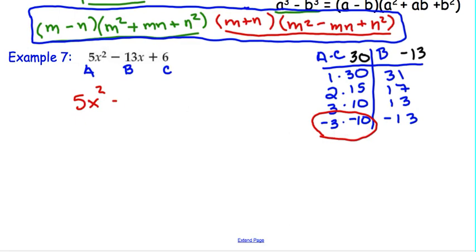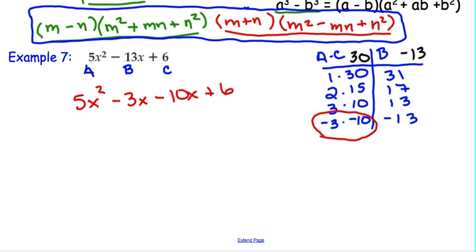So I have negative 3x and I have negative 10x. And you can see that if I were to combine like terms, I would get the negative 13x. And then my 6, I'm just going to bring down plus 6.